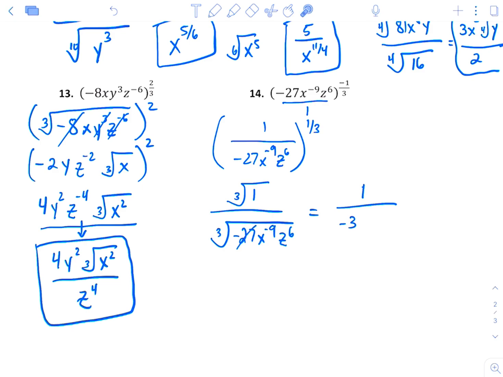Negative 9 divided by 3 is negative 3, so this will be x to the negative 3rd. 6 divided by 3 is 2, so z squared. And then I do need to deal with this negative exponent by moving it up to the numerator. And at the same time, we always simplify our negative sign up to the top part. So this will become negative 1x to the positive 3 over 3z squared for that final simplified answer.